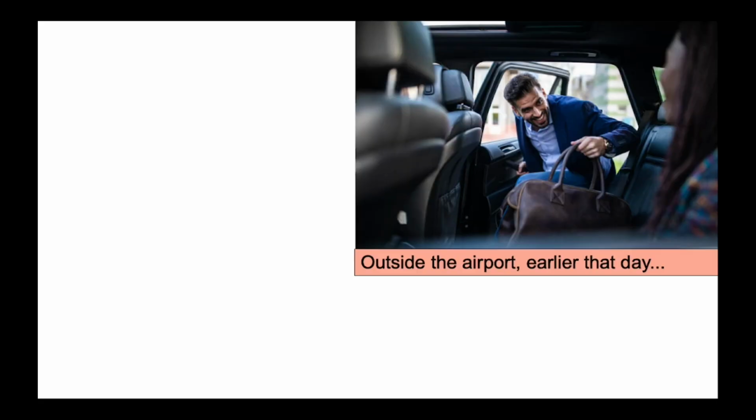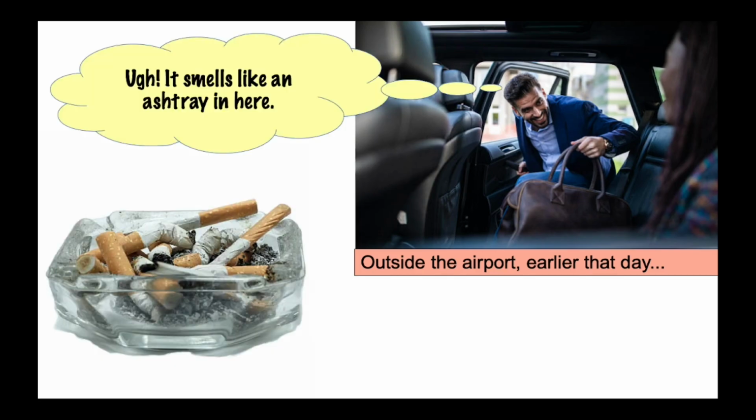Here's another example. I could immediately tell that someone had been smoking in the car when I entered. This is another sentence that makes it very clear that we can only use the past perfect continuous to express the content accurately and correctly.